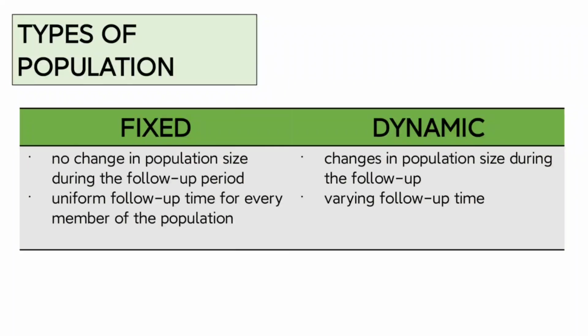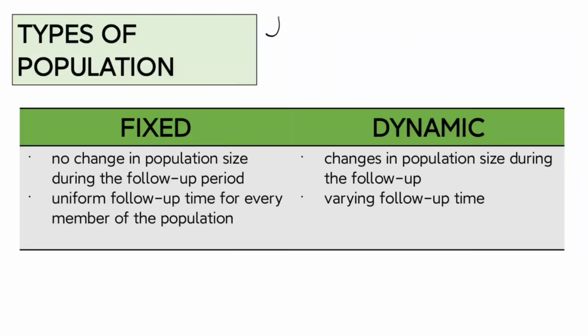Okay? So, pag fixed, there is no change in population size during the follow-up period, uniform follow-up period for every member of population. Pag naman dynamic, there are multiple changes in population size during the follow-up, or pwede ring varying yung follow-up time.